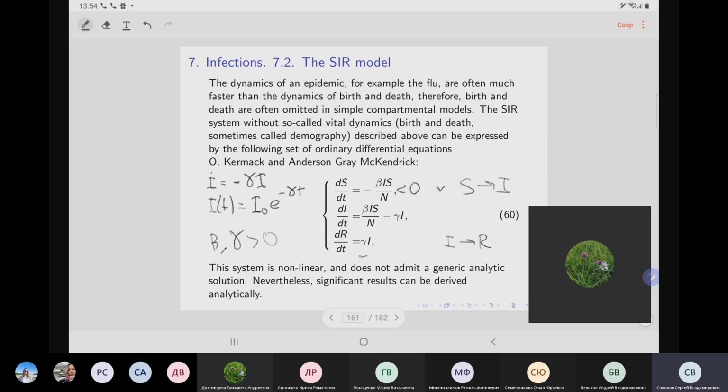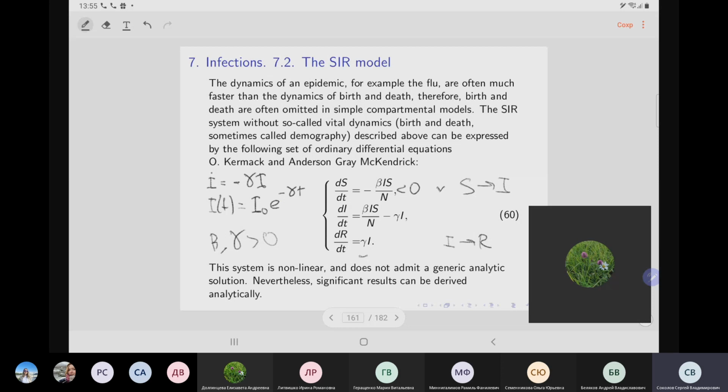And with the rate of gamma, the number of infected will be decreased e times in one period of time.